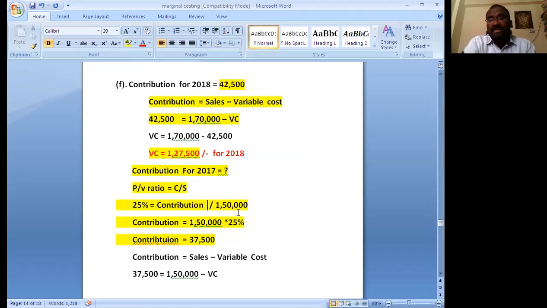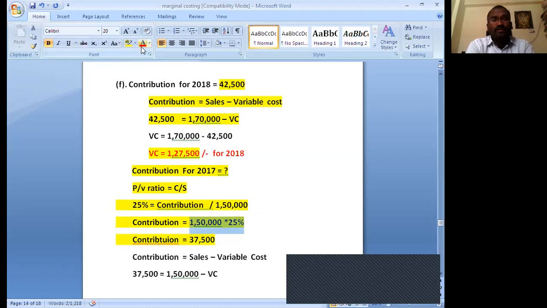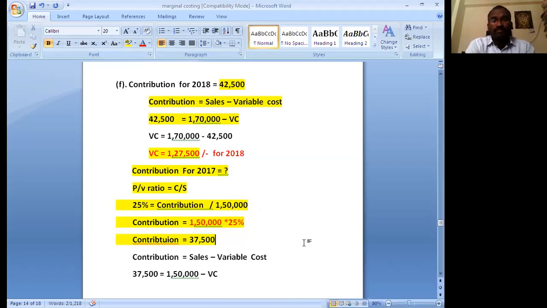Sales is 1,50,000, because you are calculating 2017. This 1,50,000 goes to the left side, and you multiply 1,50,000 into 25%. You get 37,500. This 37,500 is the contribution for 2017.